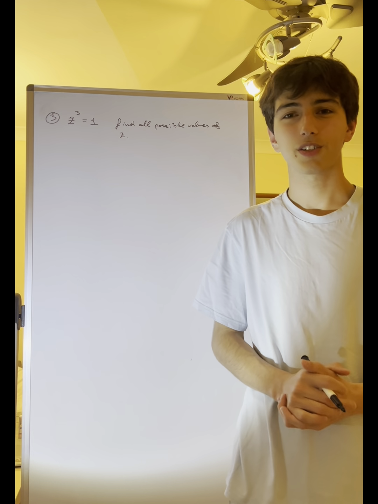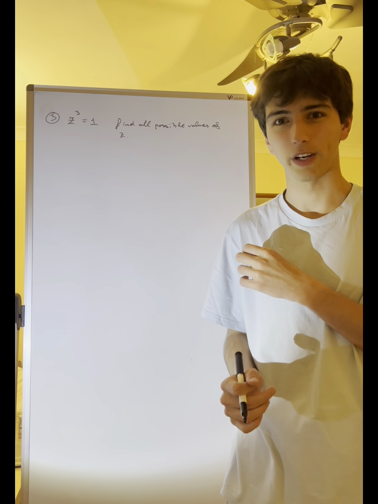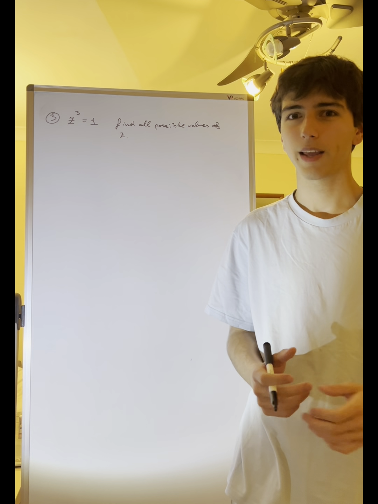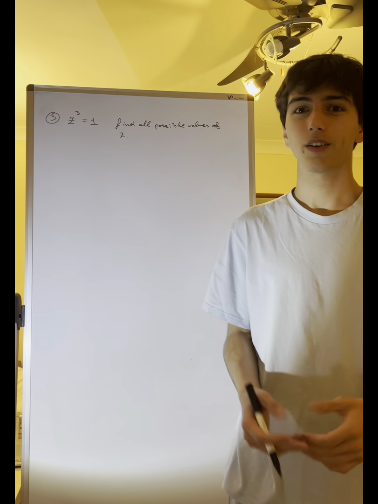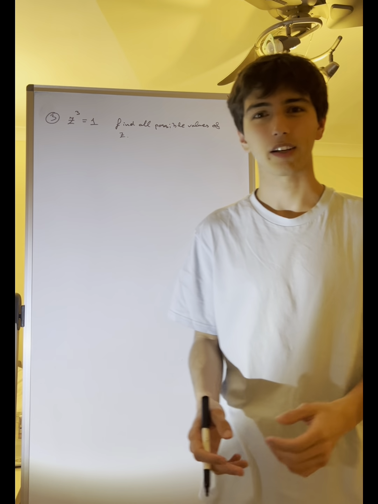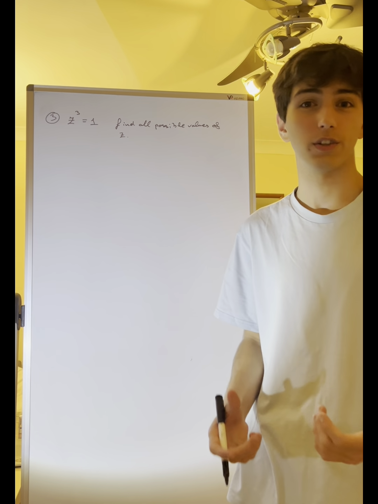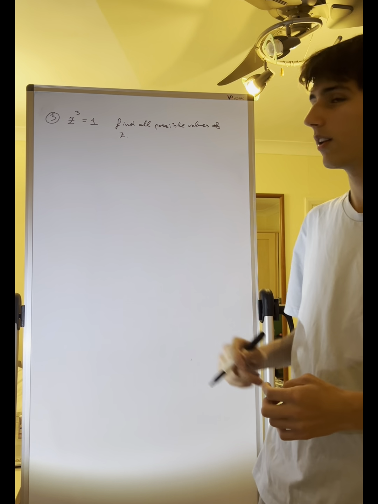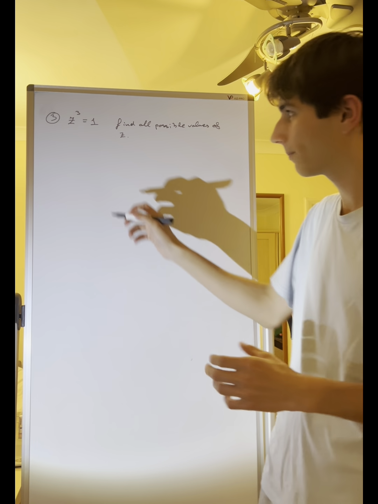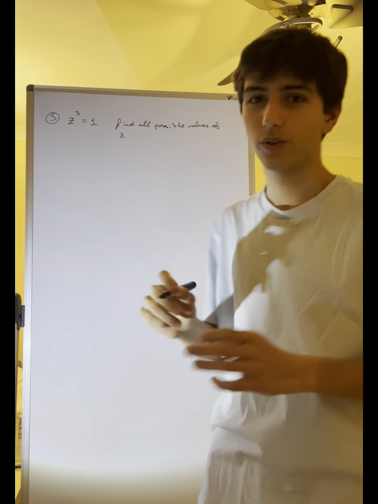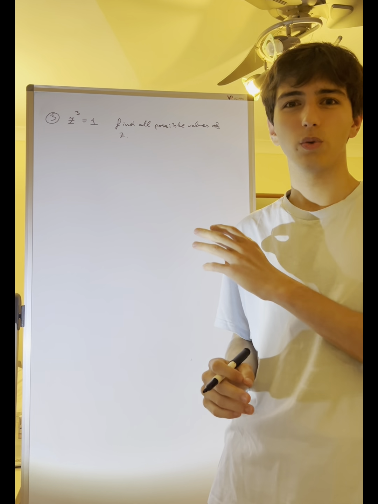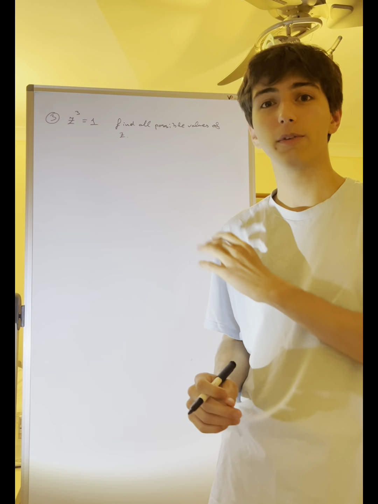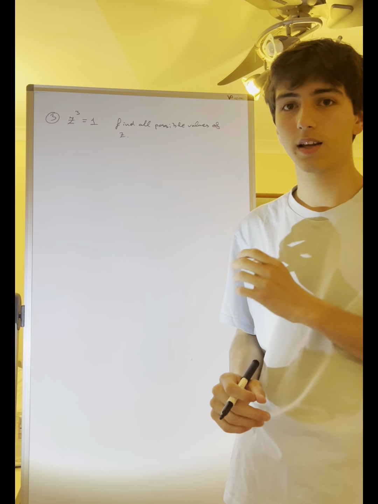Okay, so for this question, given that z cubed equals 1, we're supposed to find all of the possible values of z. And immediately you might think 1. And while technically correct, that wouldn't be all of the solutions. So what we would have to do is represent z as a complex number, because keep in mind, anything to the power of n will have n solutions, but some of those solutions might be complex.